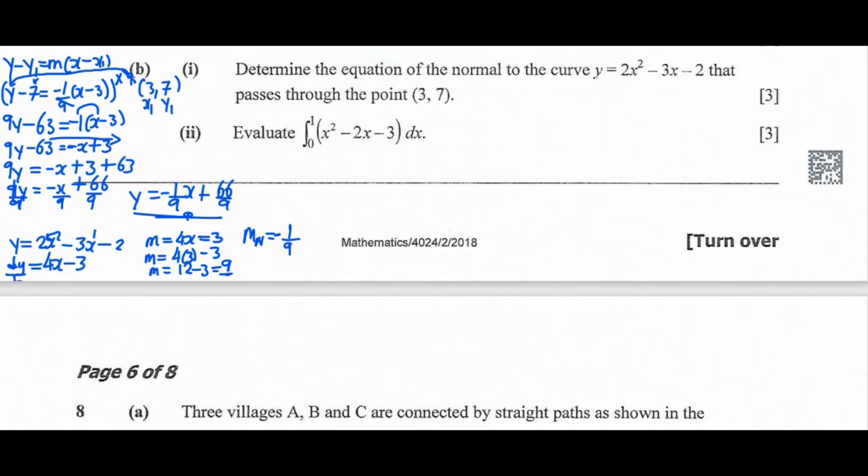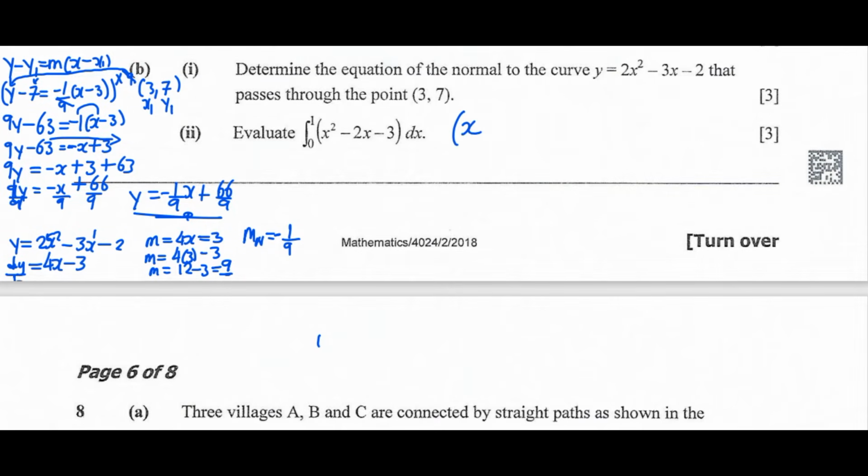Now, after finding the equation of the normal, let's look at how we can evaluate. So to evaluate, we have the inside function x squared minus 2x minus 3, and we are evaluating from 0 up to 1. So here what we are supposed to do is integrate.